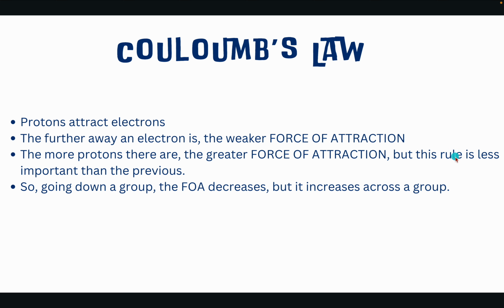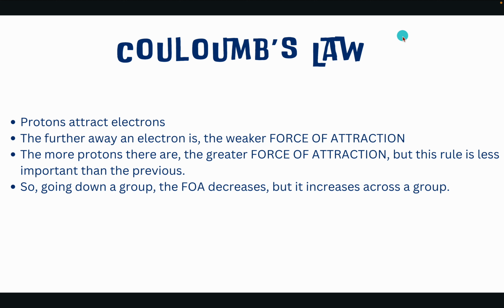And talking about electrons, let's discuss Coulomb's law. Coulomb's law basically says that protons attract electrons. The further away an electron is, the weaker the attraction is. The more protons there are, the greater the attraction is. However, this rule is less important than the previous.